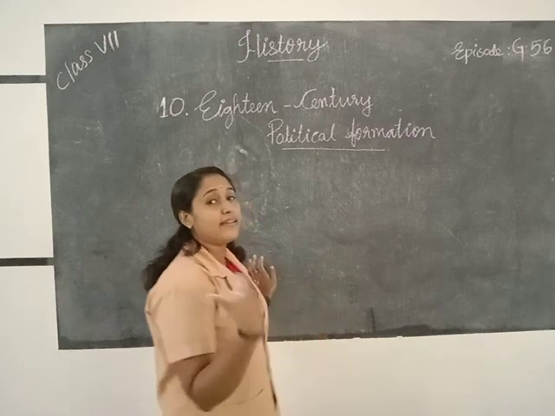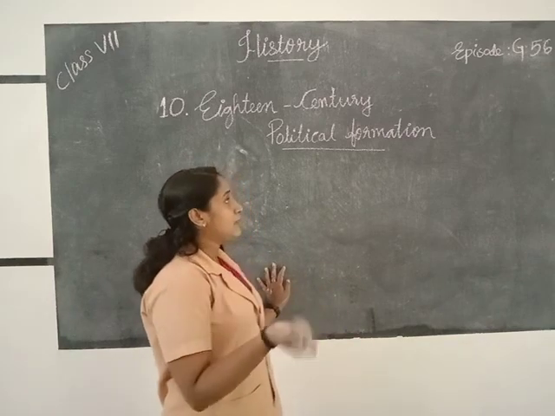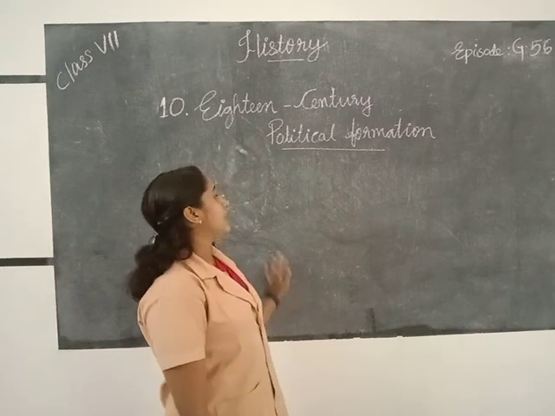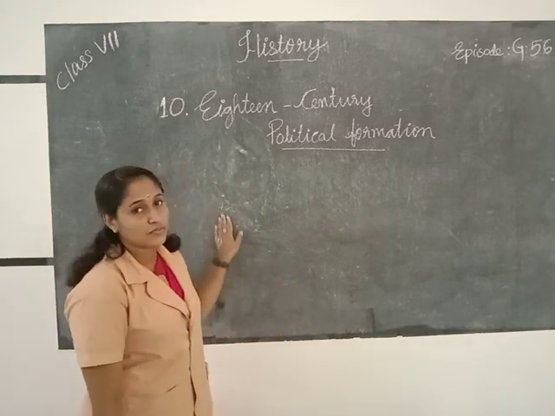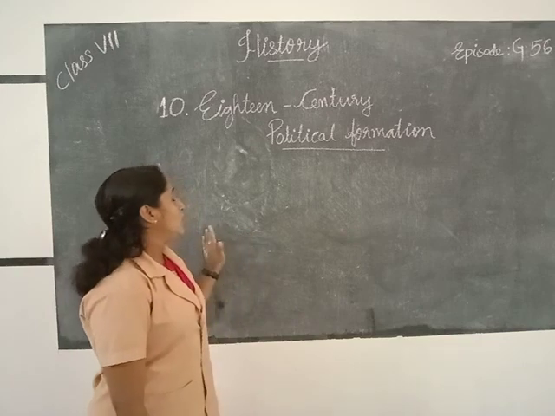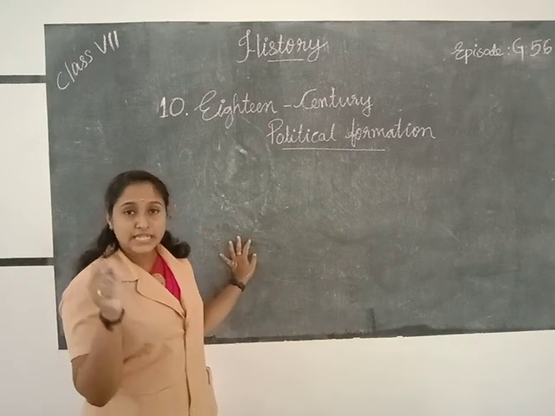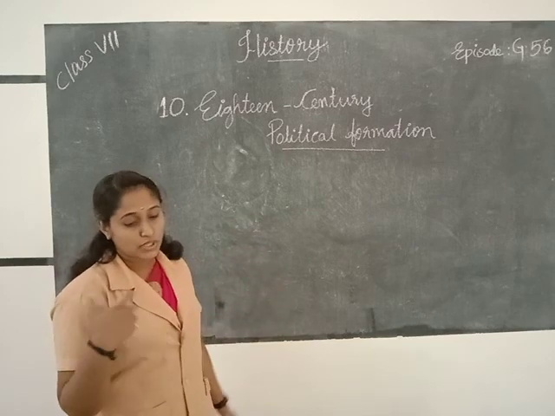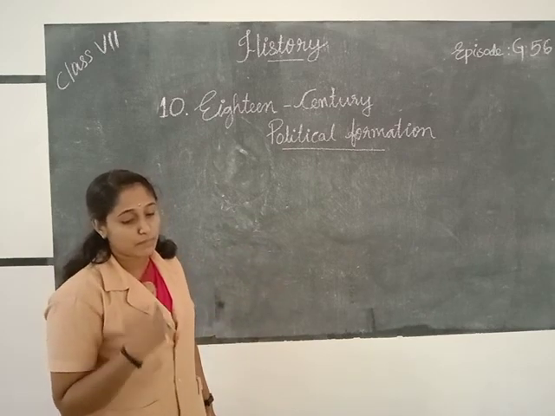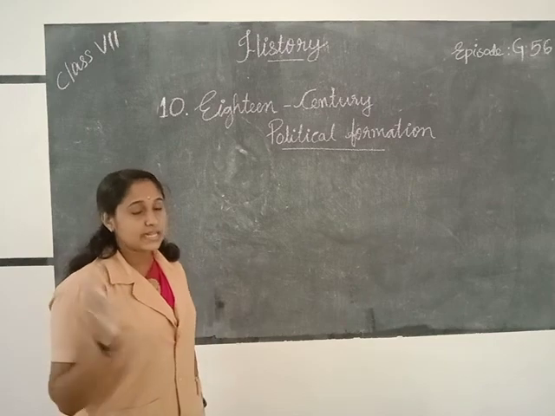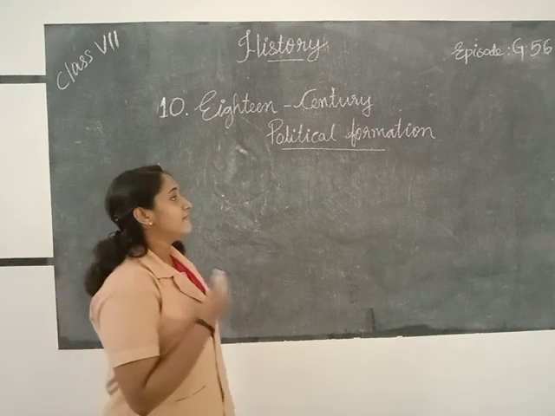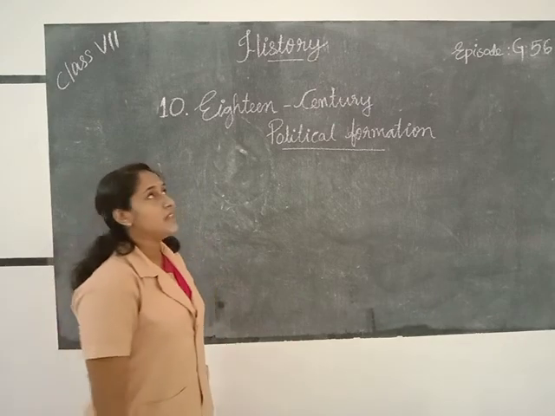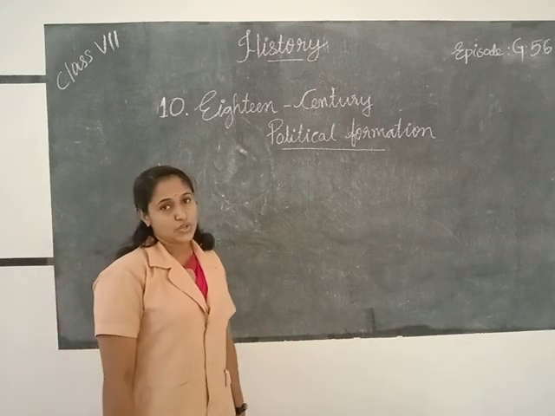And the other power was the British. The British also successfully ruled some eastern parts, that means eastern India. They successfully captured major chunks of territory in eastern India. They started their ruling activities in eastern India at the starting point of the 18th century.